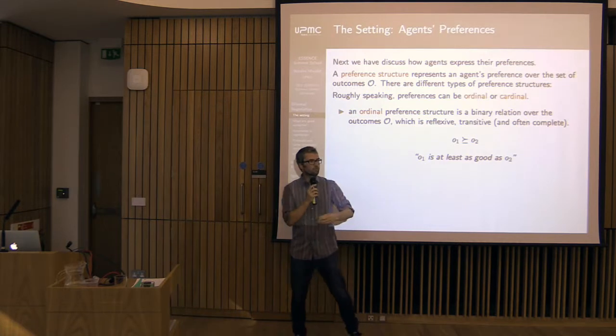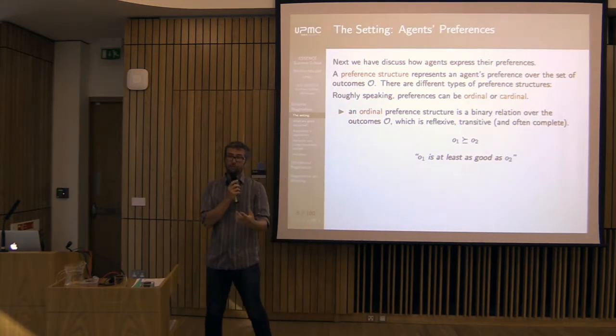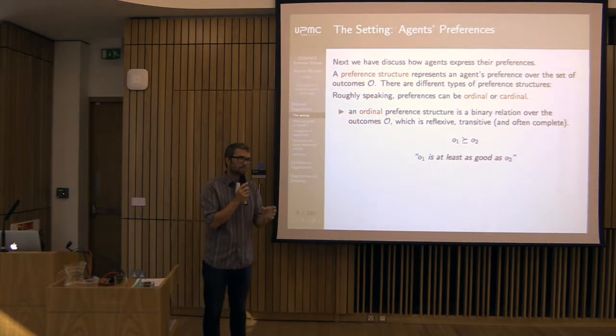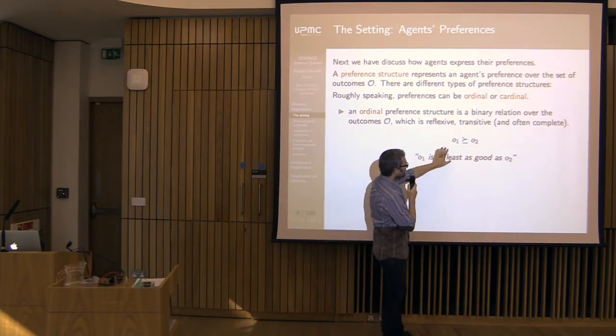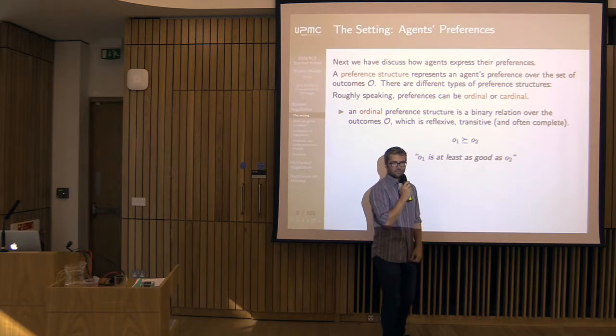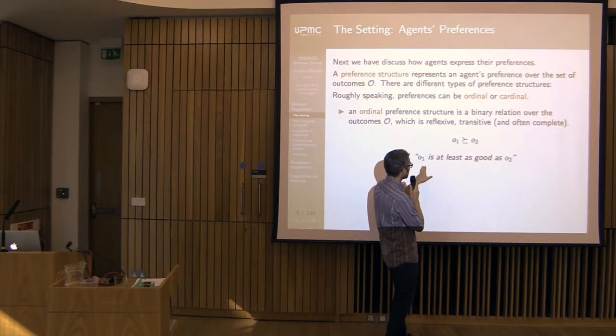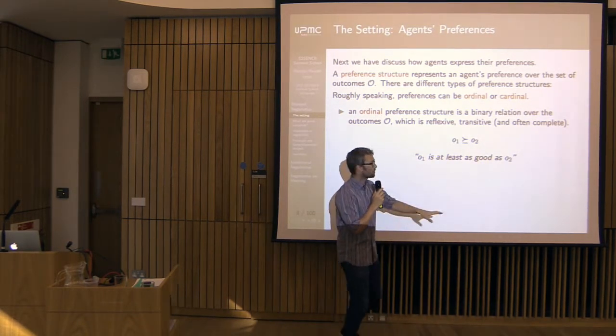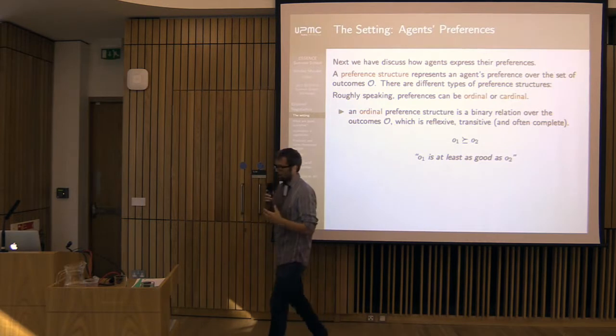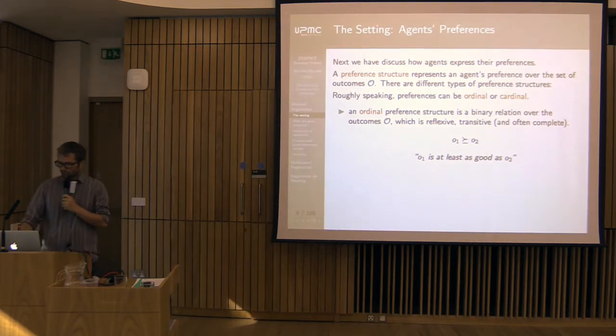So assuming that you can compare all the different outcomes. This may not be the case. You can argue about all of this. So the basic preference statement that you can have in that case is the outcome O1 is at least as good as O2 for me. You present that, okay? Just a binary relation, an ordering.